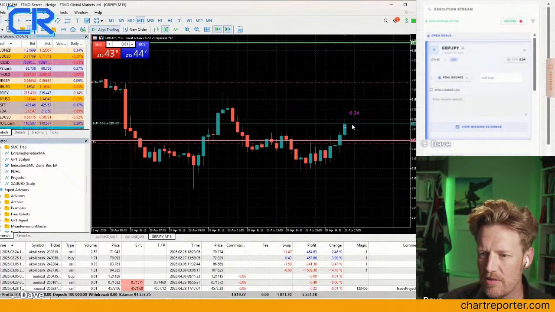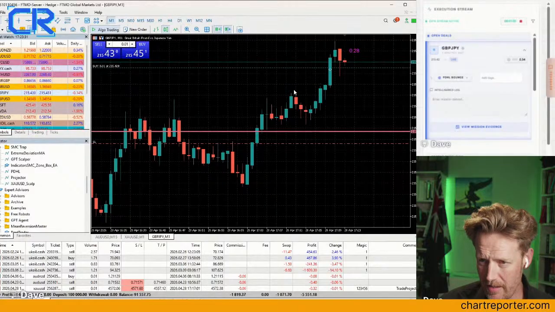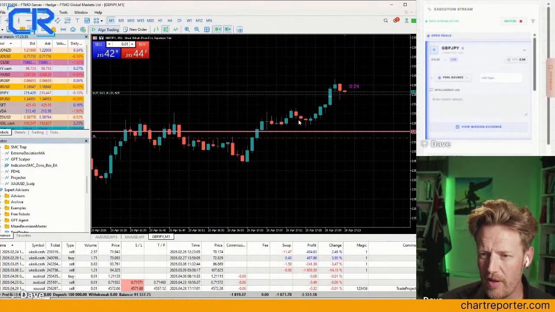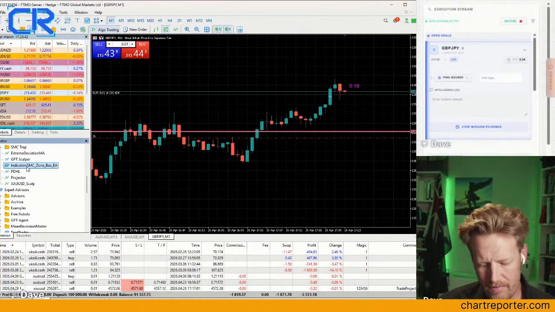I obviously can't break even yet, it's way too close. If we come to the M1, it's doing its little bull flag, going up, it's come down a couple, probably going to go up again.